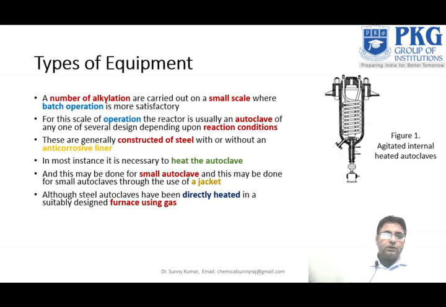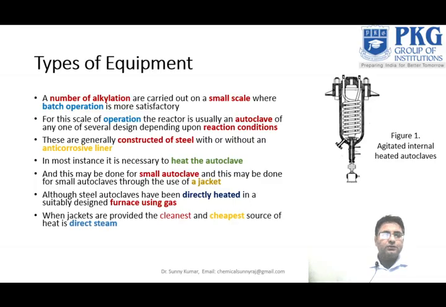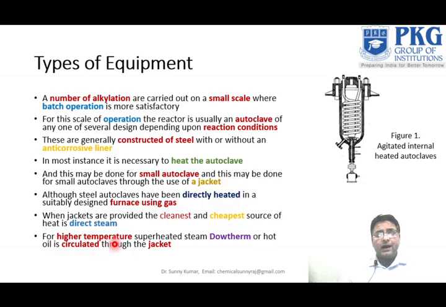Although steel autoclaves have been directly heated in a suitably designed furnace using gas, when jackets are provided, the cleanest and cheapest source of heat is direct steam. So generally we use steam directly. For higher temperatures, superheated steam, Dowtherm or hot oil is circulated through the jacket.